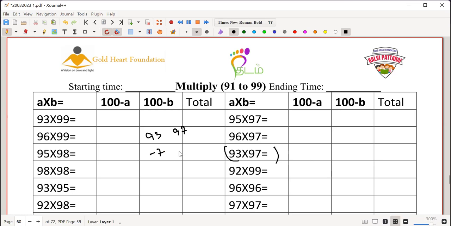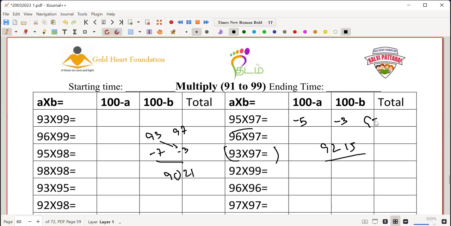Minus 7, minus 93 minus 3 is 90. 7, 3 is a 50. 95 into 97. Minus 5, minus 3, so 92. Yes.